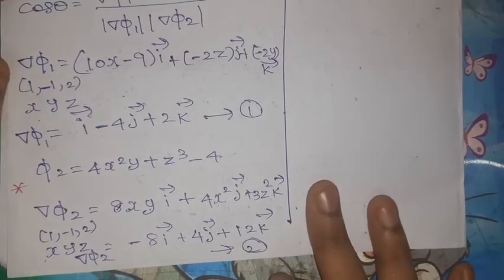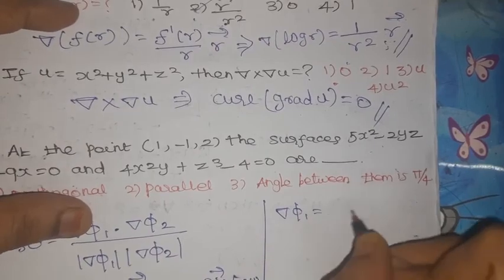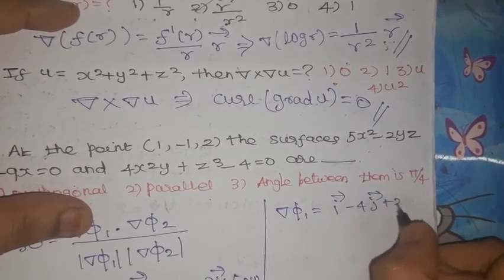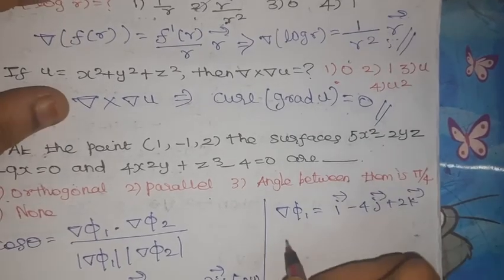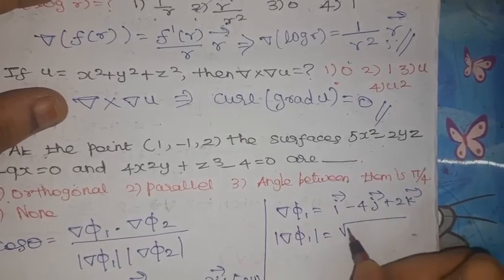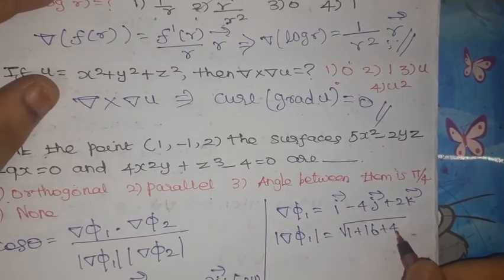So we'll take del phi 1, which is i minus 4j plus 2k. For this, the modulus magnitude we will also find here. So 1 plus 16 plus 4 is 21, so square root of 21.